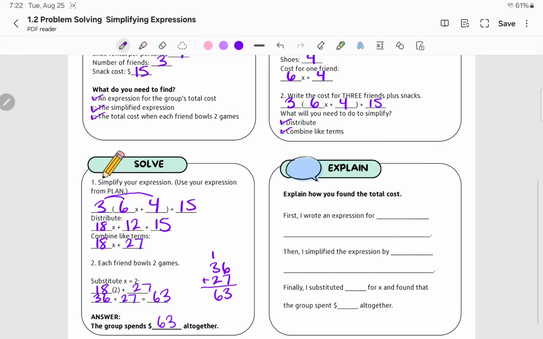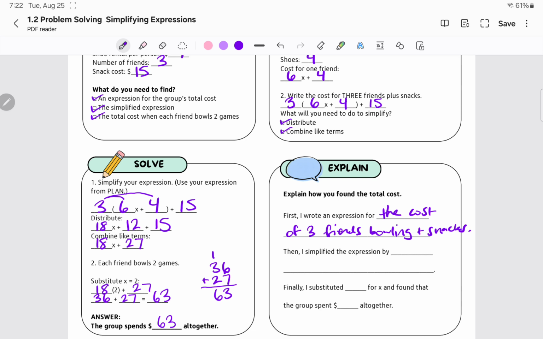First, I wrote an expression for the cost of 3 friends bowling plus snacks. Okay, that's what I found first.